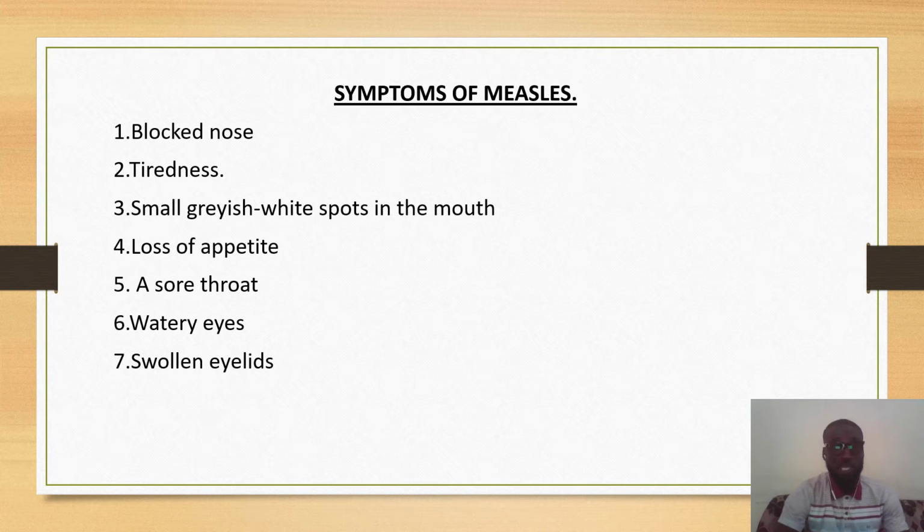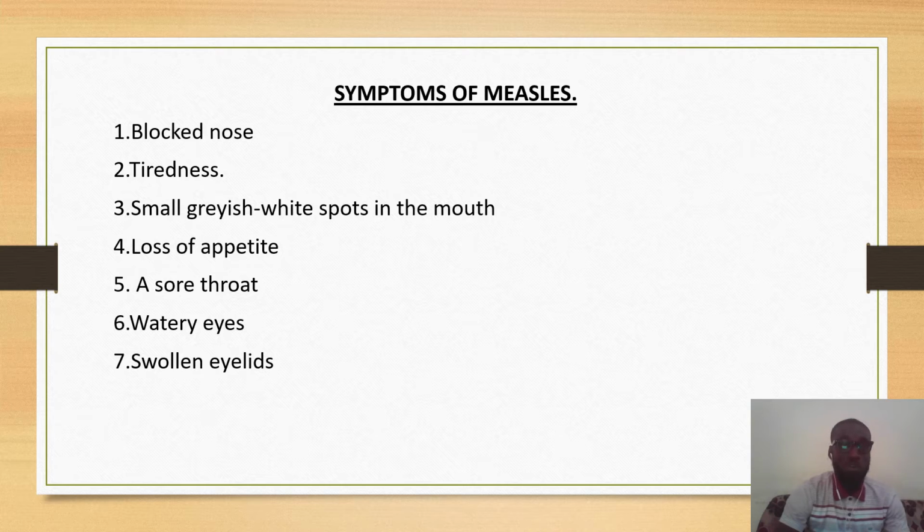So let's take a look at symptoms of measles. The following are symptoms of measles, or signs that one may show if one contracts the disease. One, we have the blocked nose, whereby you have difficulty in breathing. We have tiredness.